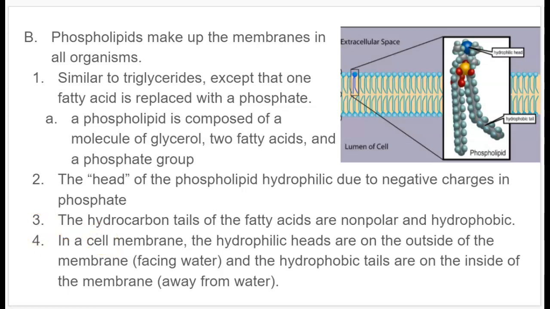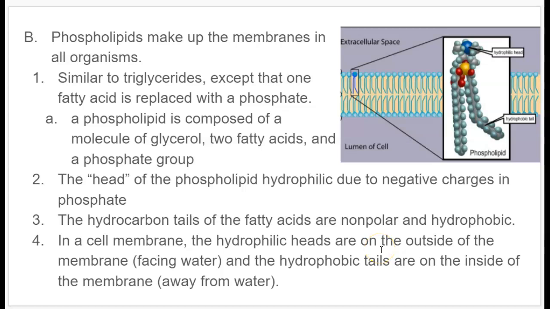All right, phospholipids. Remember, phospholipids make up the membranes in all organisms. They're very, very similar in shape to triglycerides, except instead of having 3 fatty acids, one of those is replaced with a phosphate. And so a phospholipid, which we need to remember, is a glycerol, 2 fatty acids, and a phosphate group.